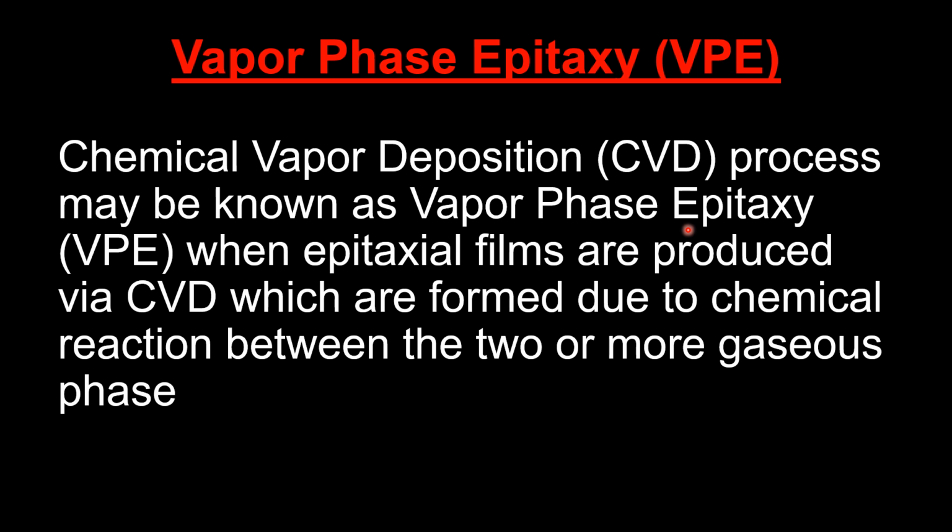So in a case when you achieve a thin film with good direction, good orientation and uniformity, then such thin films deposited from the chemical vapor deposition process are known as epitaxial thin films, and the process is known as vapor phase epitaxy.